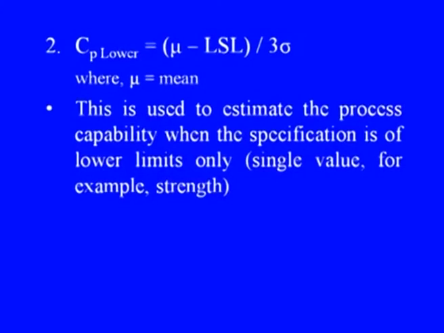Number 2, Cp lower, which is defined as mu minus lower specification limit divided by 3 sigma, where mu stands for mean. This is used to estimate the process capability when the specification is of lower limit only, that is, a single value, for example, strength.